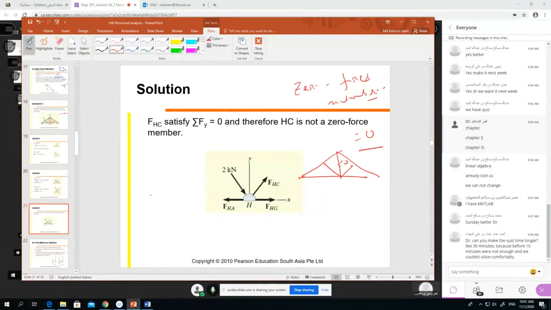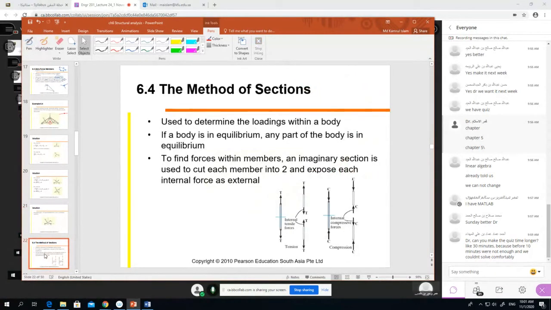So this is just for your knowledge. Now I will move to the more important topic, called method of sections.